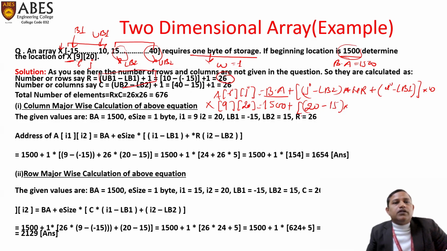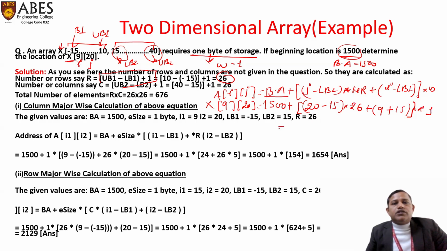If the row and matrix size are not given, then you have to find the rows and columns using this formula. So this is 26, plus i, that is 9, minus lower bound 1, that is minus 15, so plus 15, multiplied by the size of one cell, that is 1 byte.